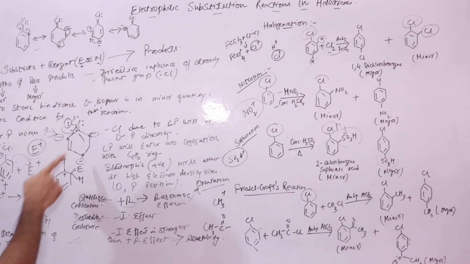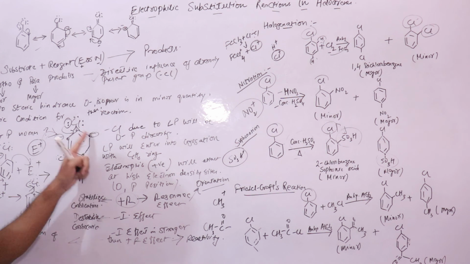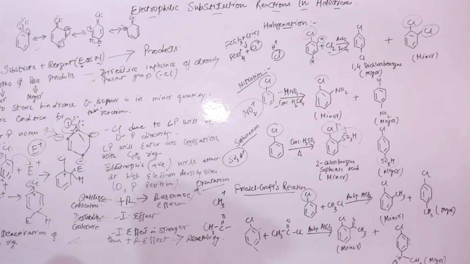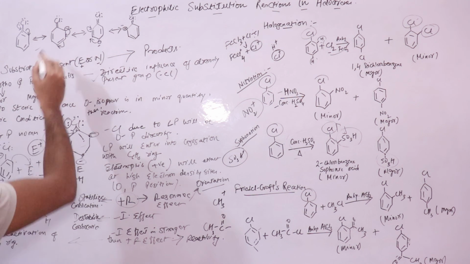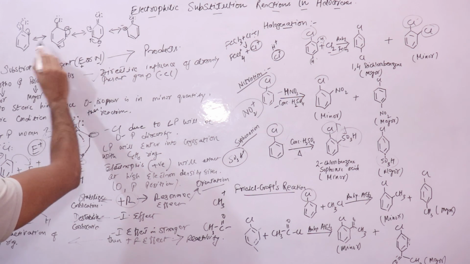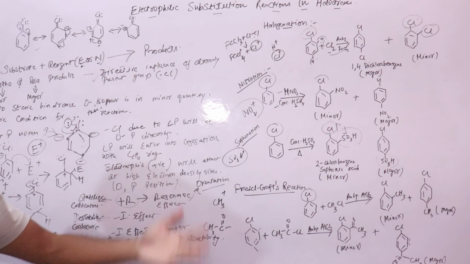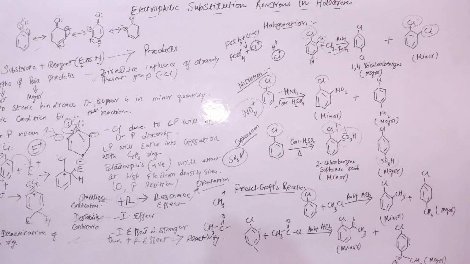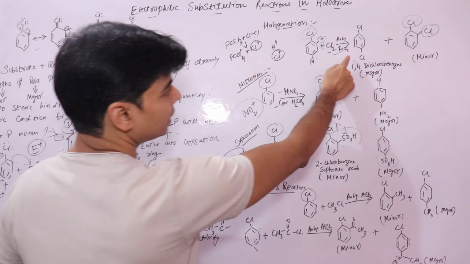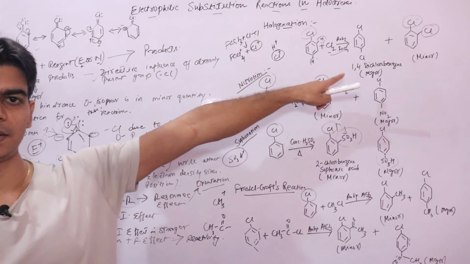Now the Cl group present has a lone pair of electrons. One of the lone pairs of electrons will enter into conjugation with the pi electrons of the benzene ring, thereby increasing electron density at the ortho and para sites. You can see from these resonance forms that at ortho and para sites electron density is increased. So that is why we are getting ortho and para product, because the Cl group is ortho and para directing.